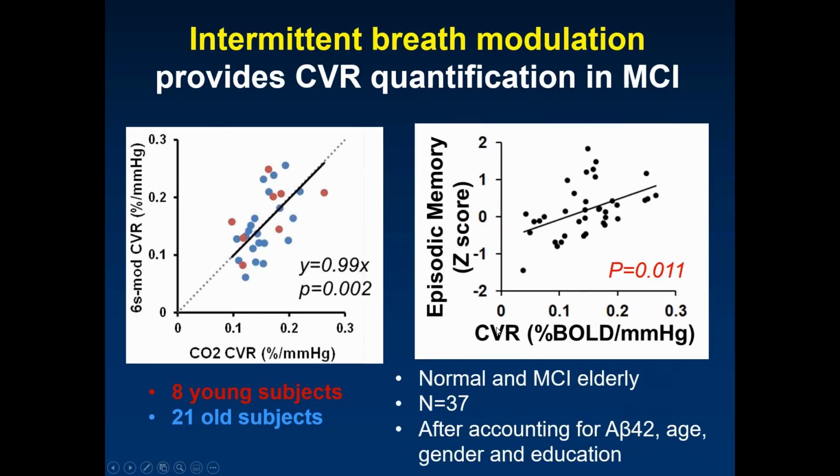We also tried this in a group of normal elderly and MCI elderly subjects, and we found that the CVR values obtained from this 6 seconds breath modulation are significantly correlated with their episodic memory scores after we account for A-beta-42, age, gender, and education, suggesting that CVR measured with 6 seconds modulation has the sensitivity to detect cognitive function changes.